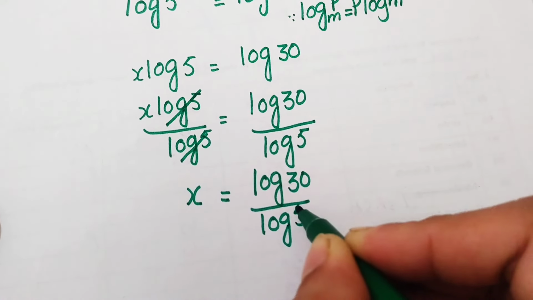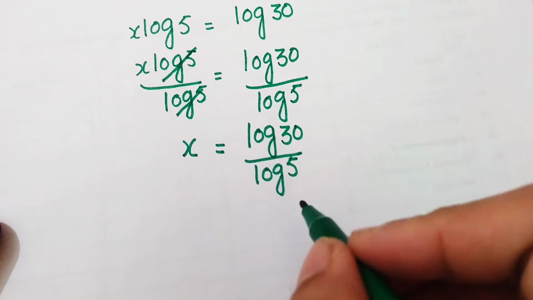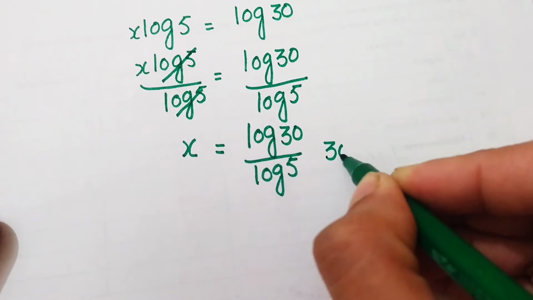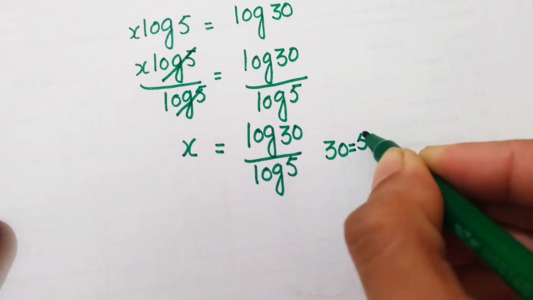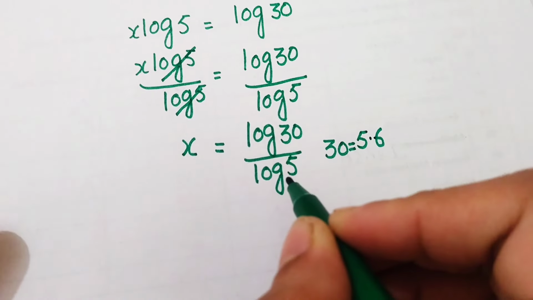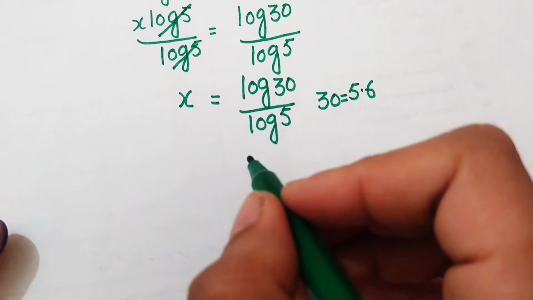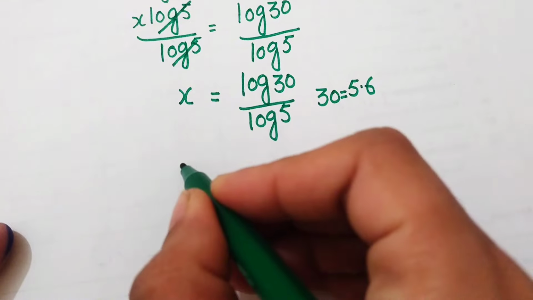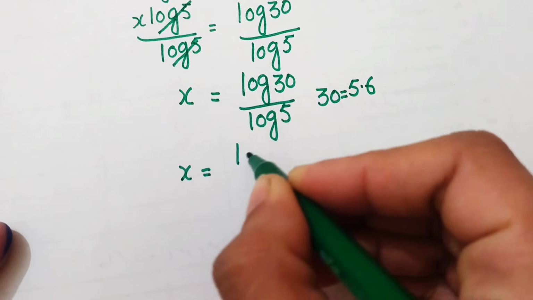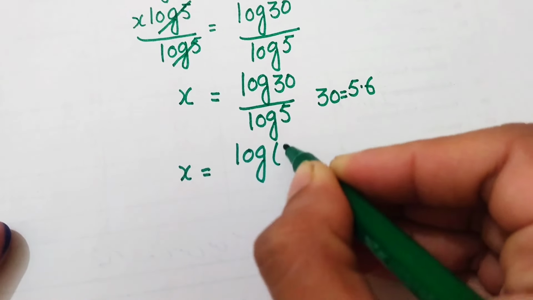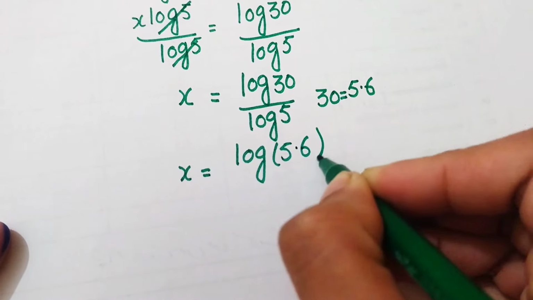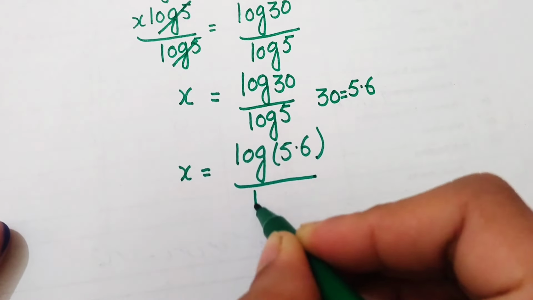Log 30 we can write as 5 into 6, as we know that 30 is equal to 5 into 6. So we write log 30 as log 5 times 6, over log 5.